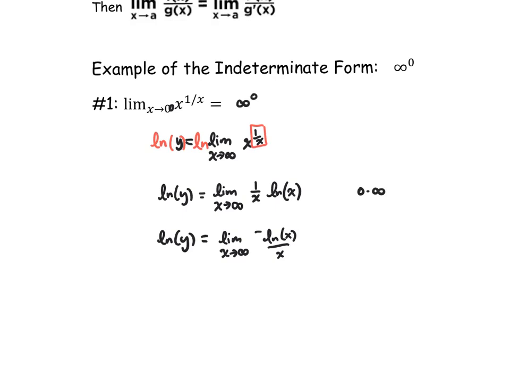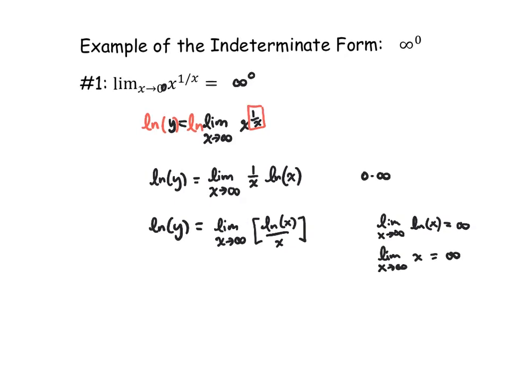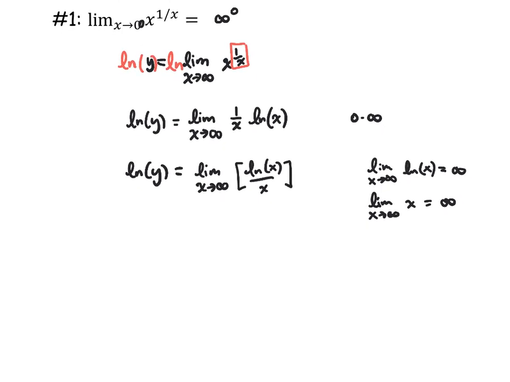Now you can see, based on this, that the limit as x approaches infinity of ln of x clearly would equal infinity, and the limit as x approaches infinity of x would equal infinity. Therefore, I will have a form that will fit the rule for L'Hopital.